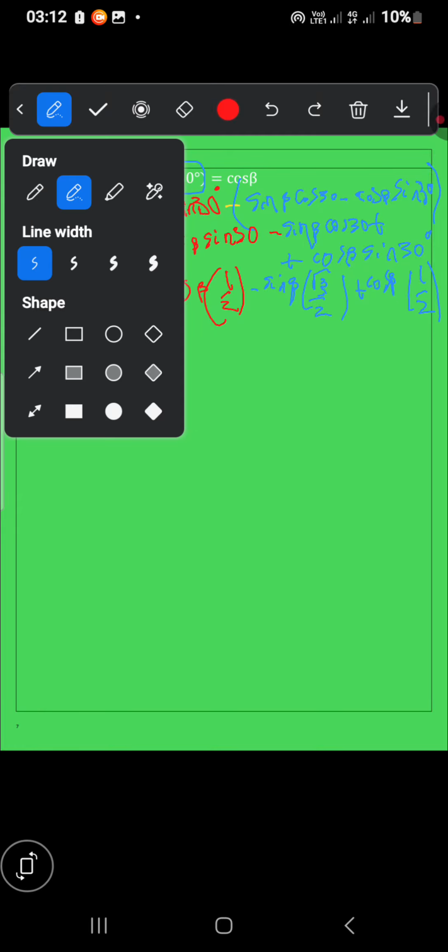But you can realize that this one and this one are the same, they can subtract each other.